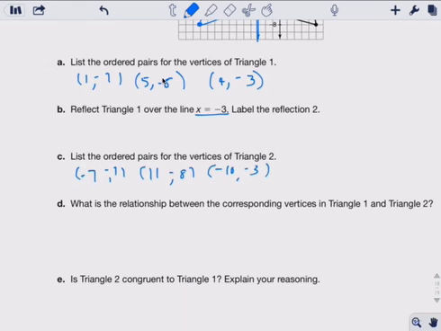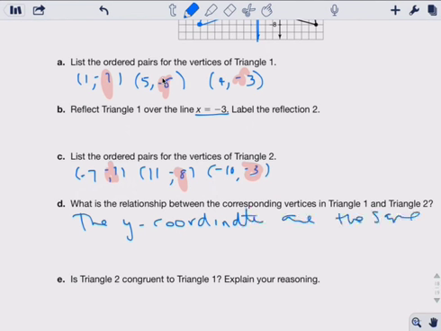Okay. What's the relationship? The relationship is the y coordinates are the same. This is easy, you guys.